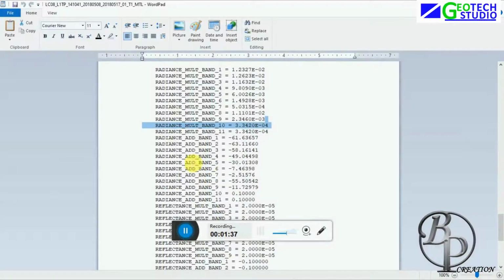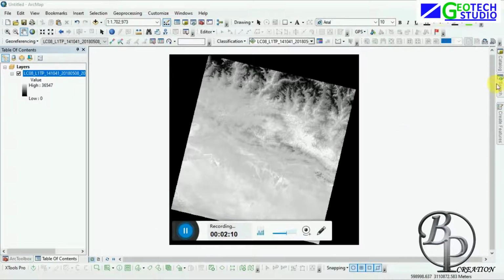I have opened it, and we can see the radiance multi-band ML for band 10, 3.3420E-04, that means our constant value of ML, and here our constant value of AL, that means radiance add band 10. We are using these two values to calculate TOA spectral radiance.